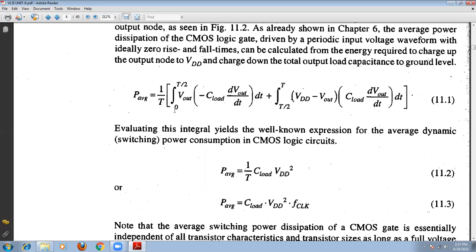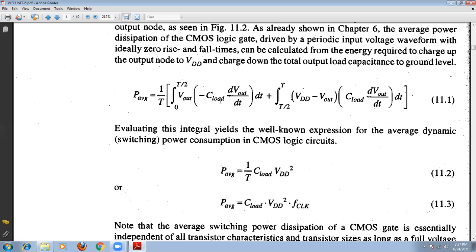So from the 0 to 1 condition, just observe here. In the first case, from 0 to T by 2, the total power is equal to the output voltage multiplied by the current through the capacitor, the output capacitance. That is equal to C load into dV by dt. So here we take minus C load into V out into dV out by dt.